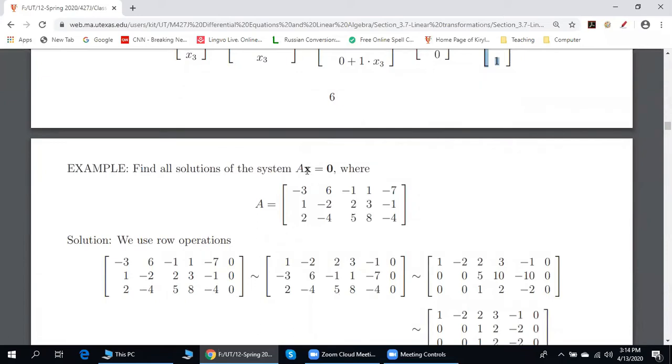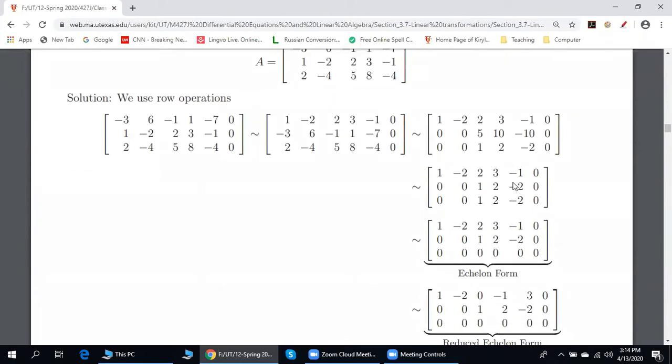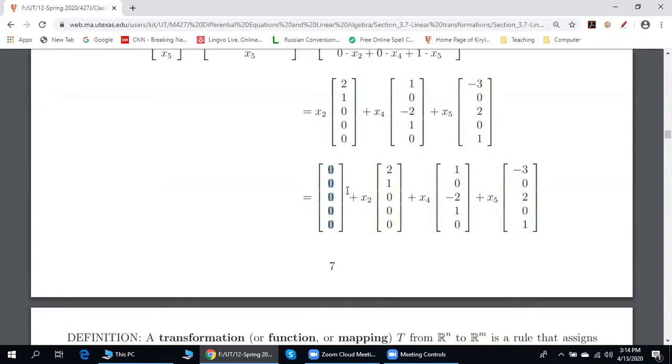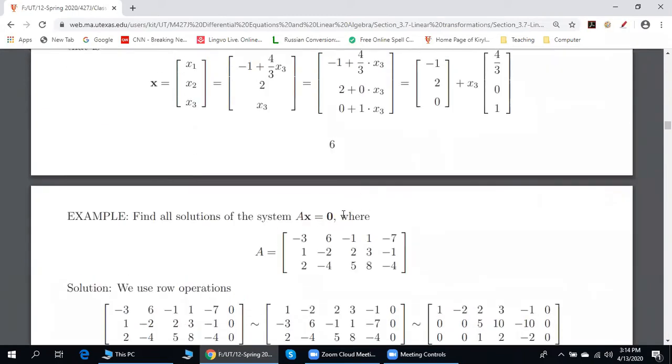This rule works even if the original system is homogeneous. Its general solution can be written as the general solution of the homogeneous system plus 0, which is the particular solution of our homogeneous system.